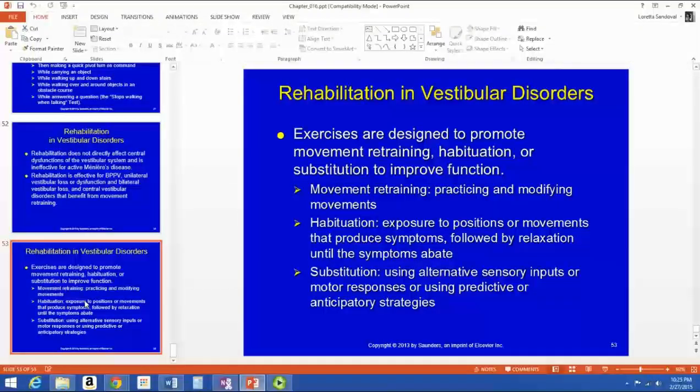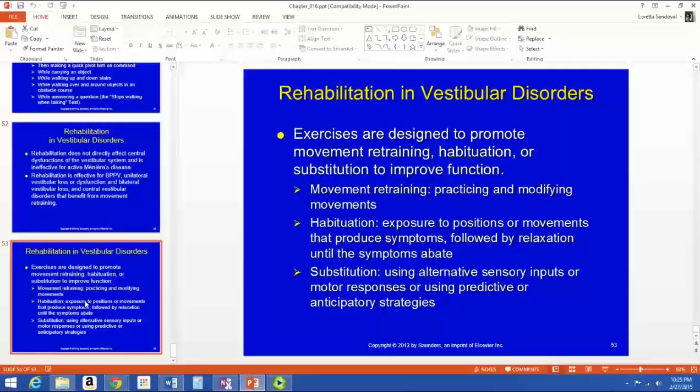And then you do it again. So you continually provoke the symptoms, and the time it takes you to recover from them usually gets shorter and shorter until eventually you are unable to provoke the symptoms using that movement, and then you've habituated to it, which is great. That's the result that you want to get.